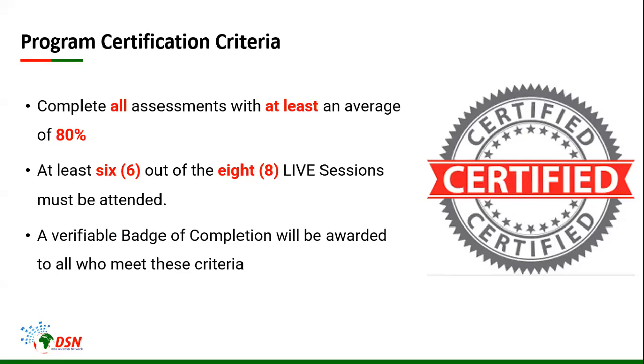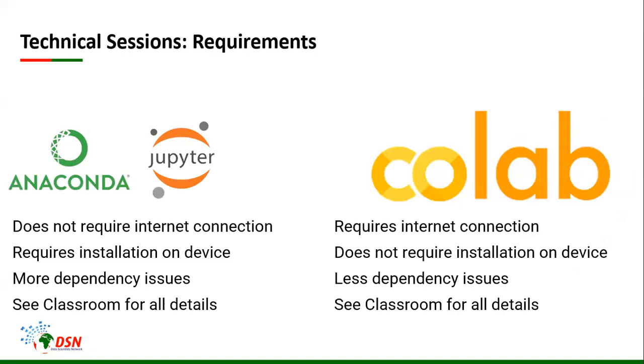You need to complete the assessment. At least 80% of the assessment needs to be completed, and at least six out of the eight live sessions must be attended to qualify for the badge. Anaconda, which also contains Jupyter, can be used for this technical session.